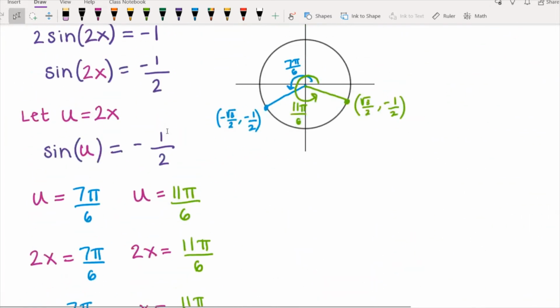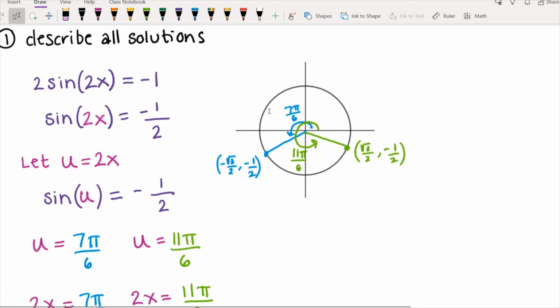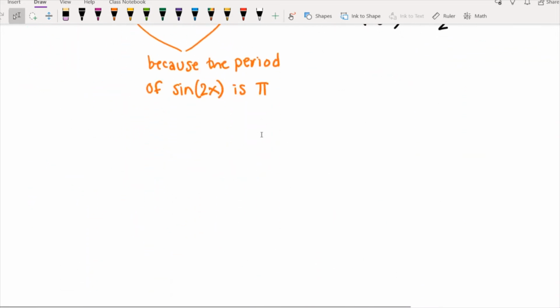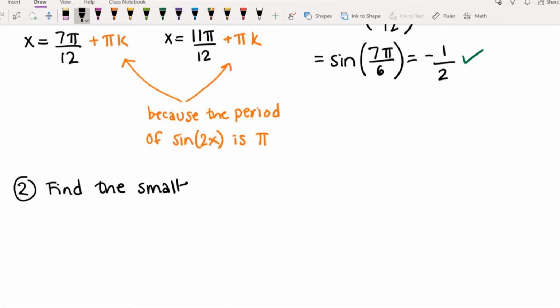Okay, so one more thing I want to talk about with this specific example. So like I said, here what we just did is we described all solutions. I also want to be able to write down some specific solutions. And there's one homework question that asks you to do this, and that's why I'm deciding to go over it. So let's now find the 4 smallest positive solutions.